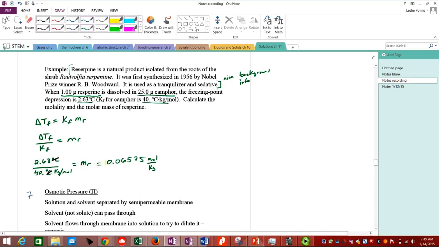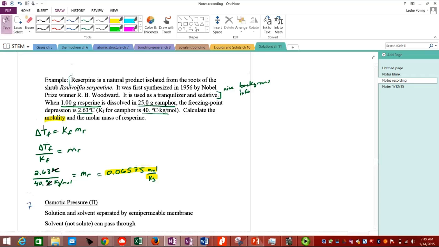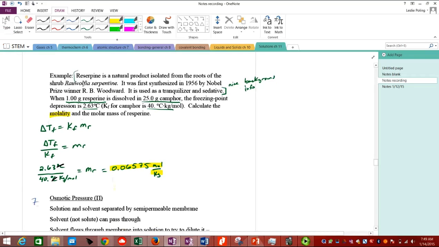So that is the molality that they asked us for. So if we were recording it for an answer, then we would go ahead and round it to significant digits. But to use it in the next problem, we want to keep it like that.